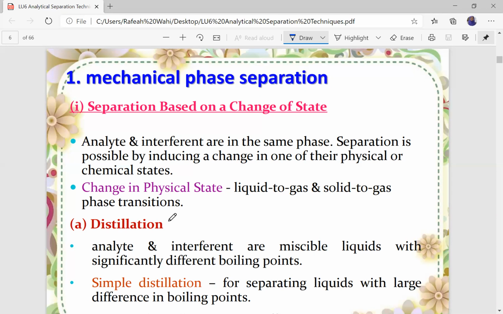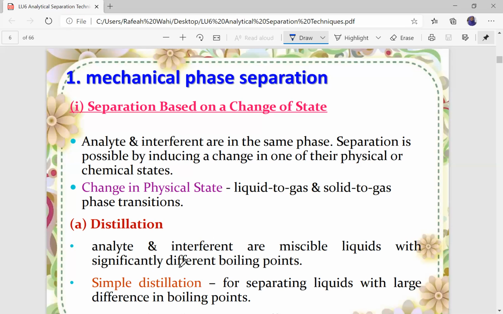Let's take a look at one example of separation based on a change of state, which is a distillation process. In distillation process, analyte and interferent are miscible liquids with significantly different boiling points. Let's say we have a simple distillation.